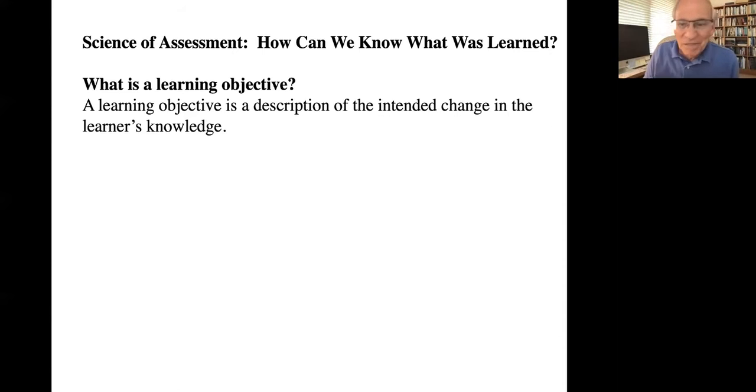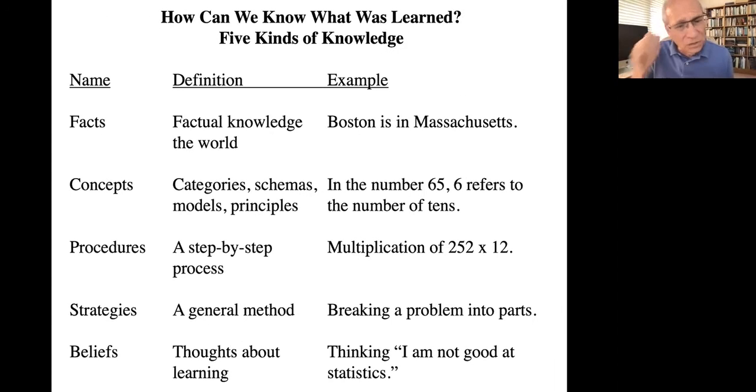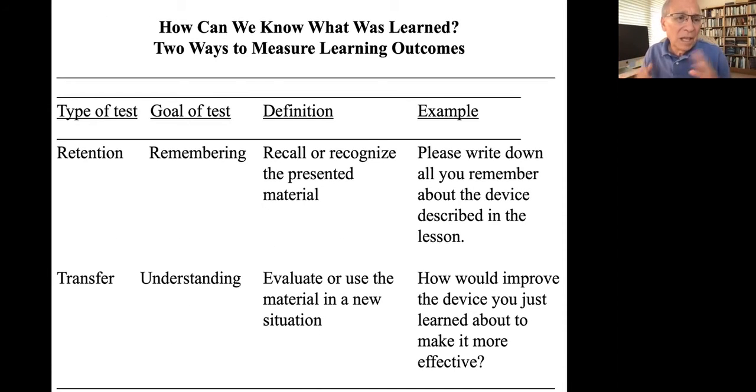For assessment, we always start with a learning objective, which is a description of the intended change we want in the learner's knowledge. And two classic ways to assess learning outcomes are retention tests and transfer tests. I want to focus most on transfer tests because I think that is really the goal of most education.